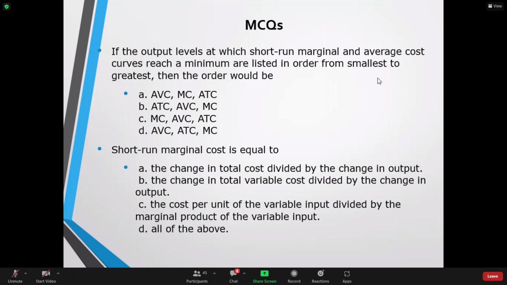Kelum says A. Marginal cost. Change in total cost divided by change in output. Yes, correct. Second one, change in total variable cost divided by change in output. Is it wrong?